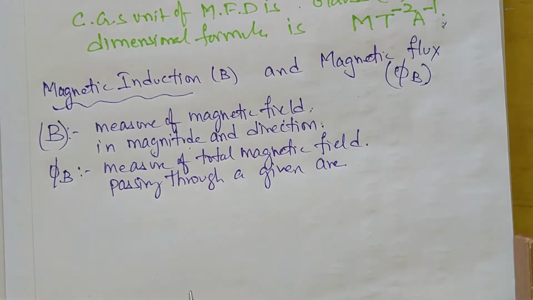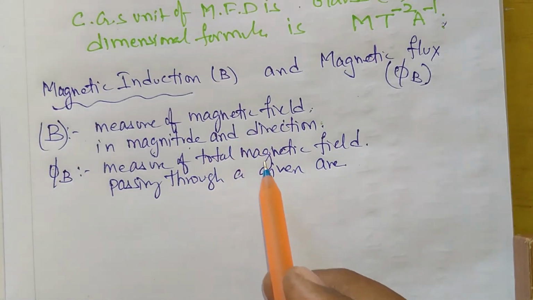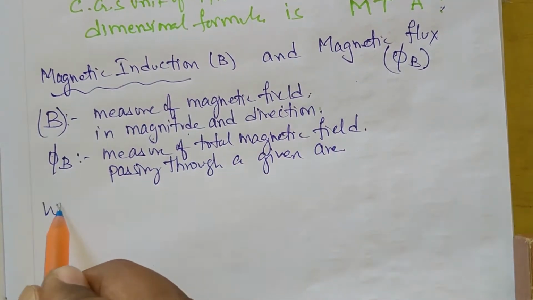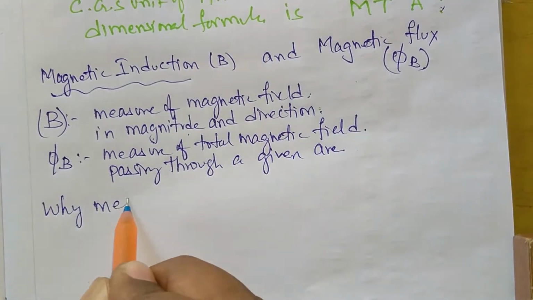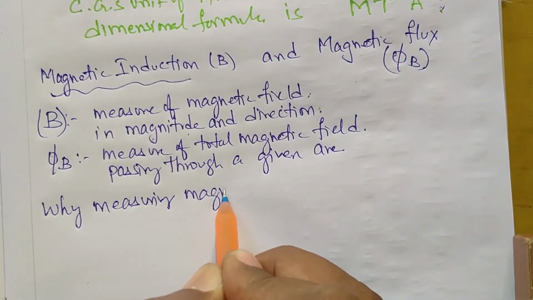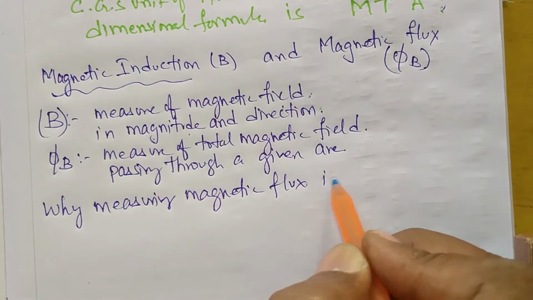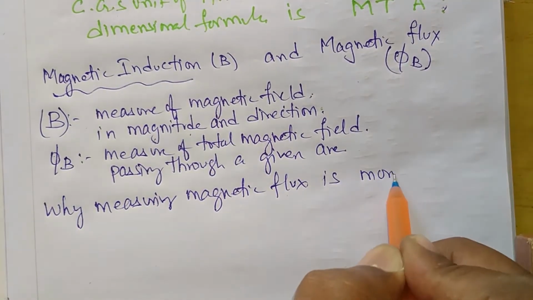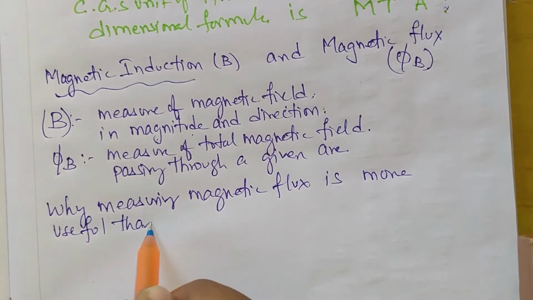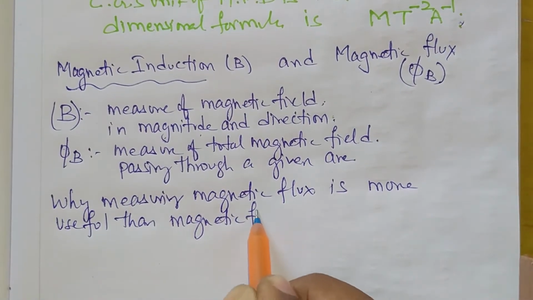Suppose a question is asked: why is measuring magnetic flux more useful than measuring magnetic field?